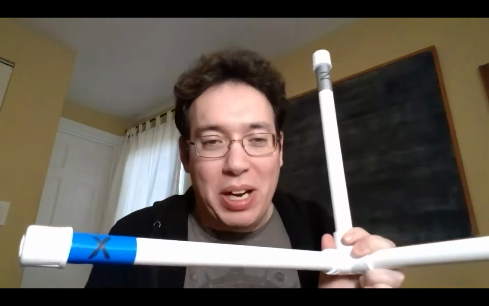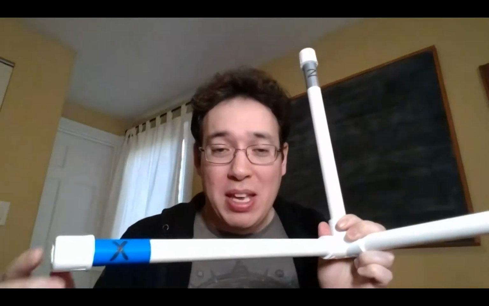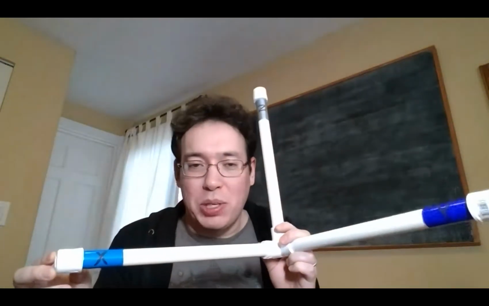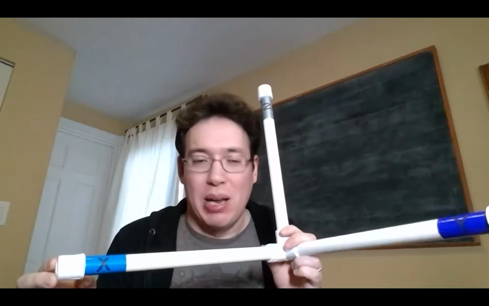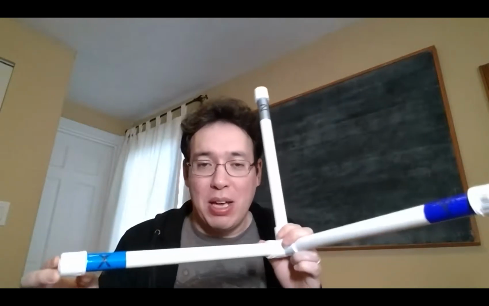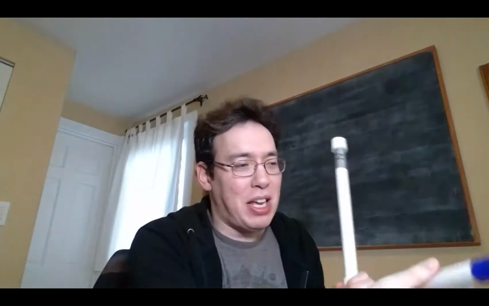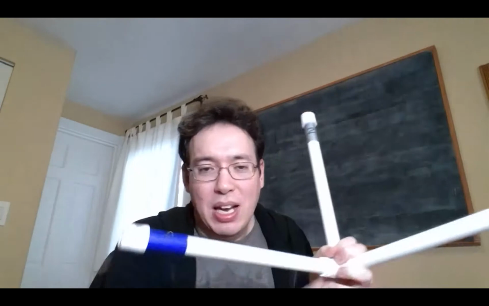Oh, and before I go back to the notes, notice that there are actually two reasonable ways we could have made this model. I could have made it this way, or if I take the X and Y axis, I could have flipped it.